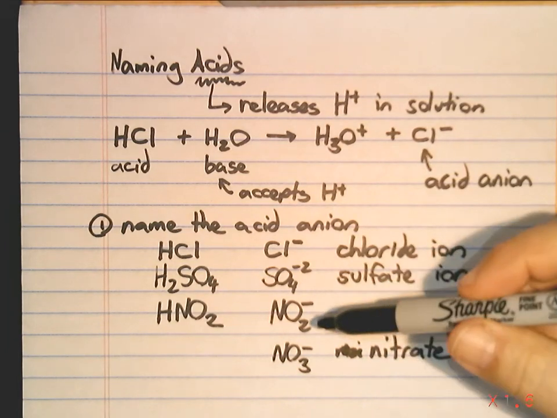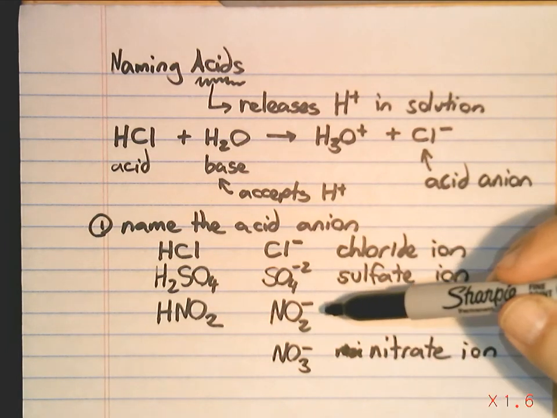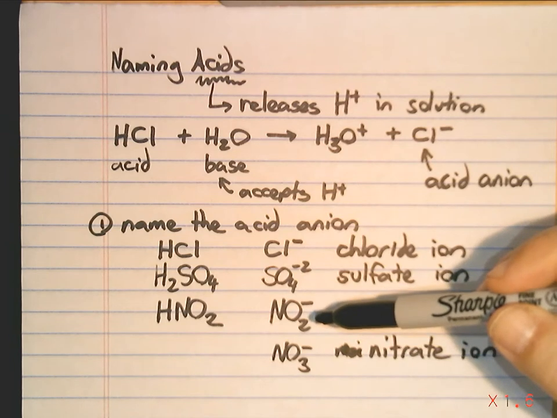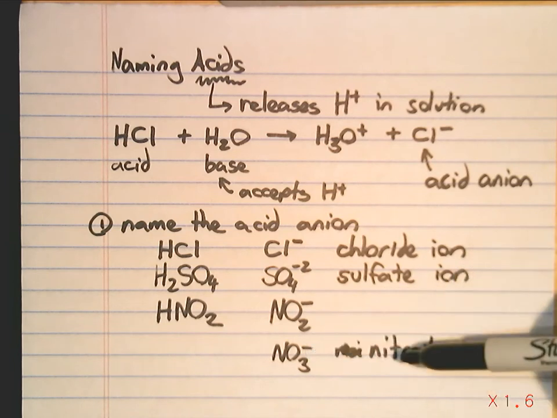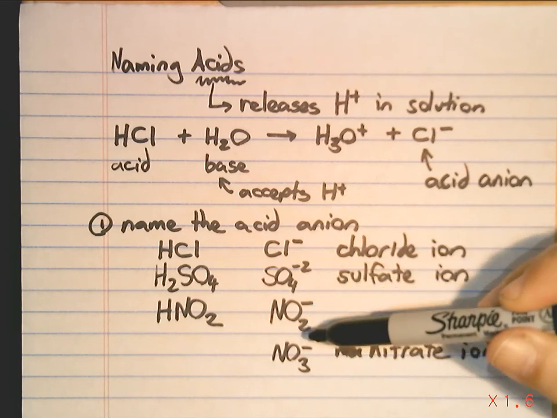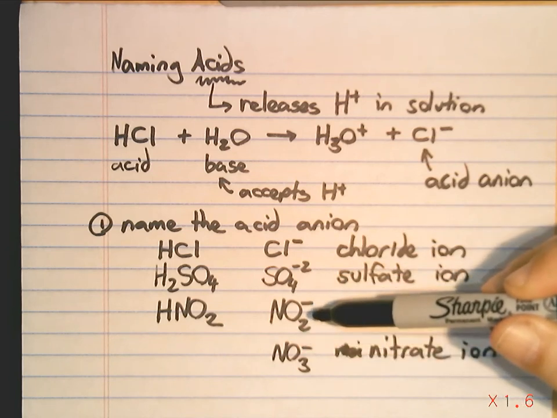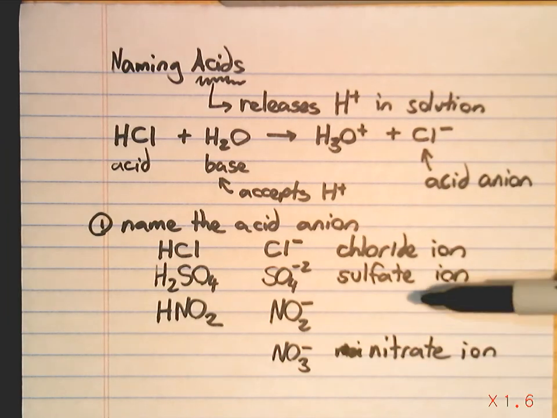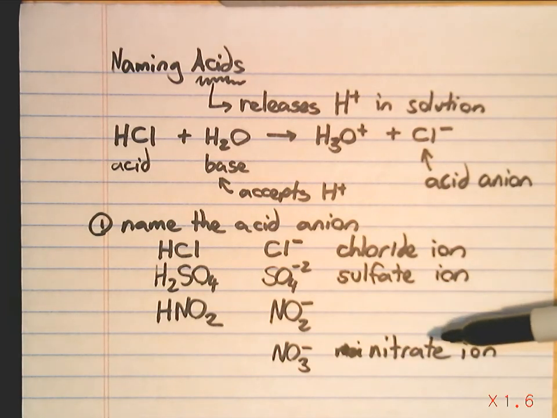So what would this one be called? We talked about some rules for adjusting the ion that you know to make ions that you encounter. What we have done here is take off one oxygen. So what do you do with the name when you take an oxygen off?